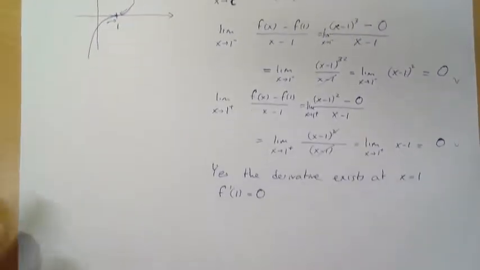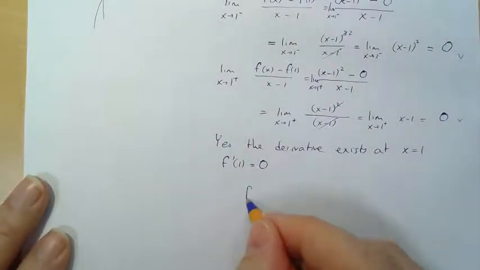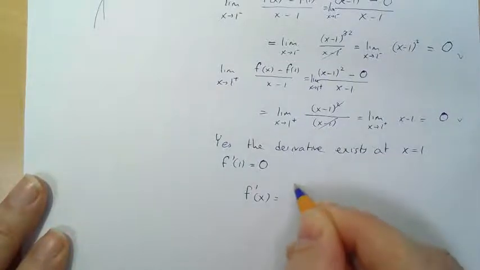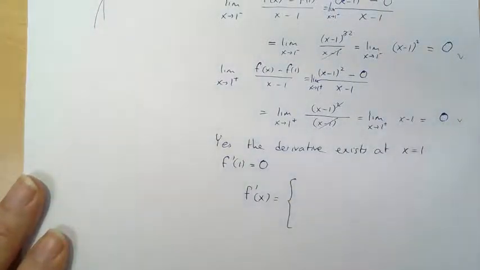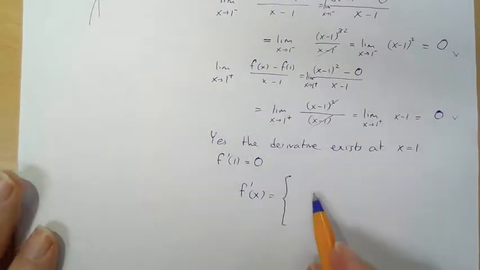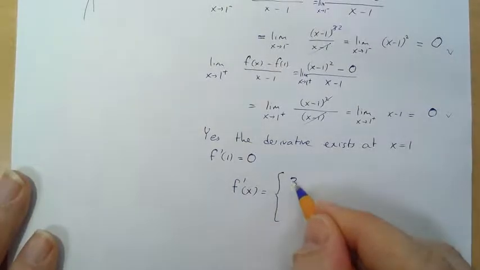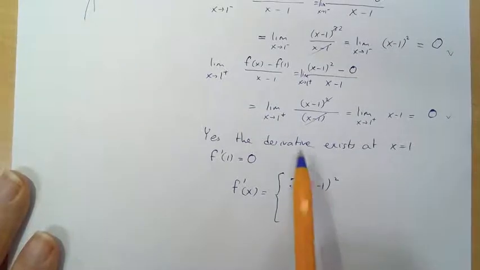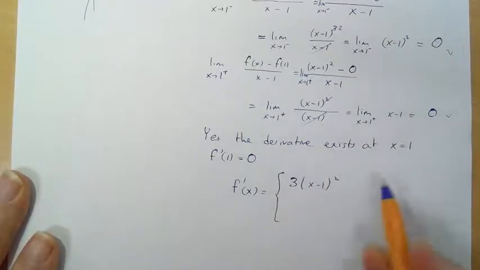One additional note, if you were to write the derivative f prime of x as a piecewise function, we will see how to get that much more easily in the next section, but I want to address this issue already. The derivative of (x minus 1) cubed is 3 times (x minus 1) squared.